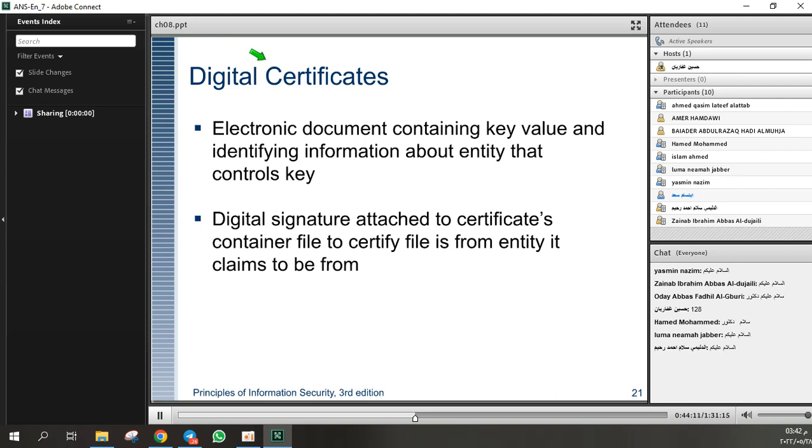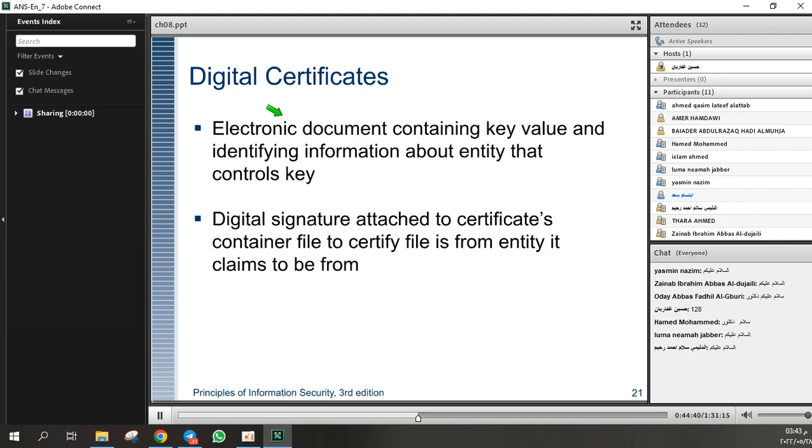Also, we have digital certificates. What is this? Digital certificates are electronic documents. Those documents contain some key values and identifying information about the entity that controls the key.